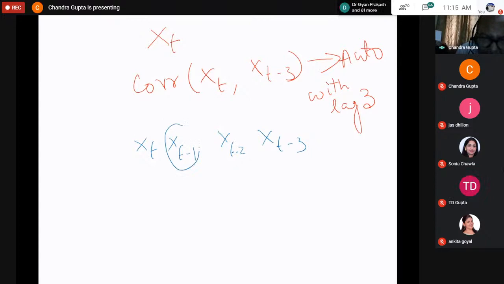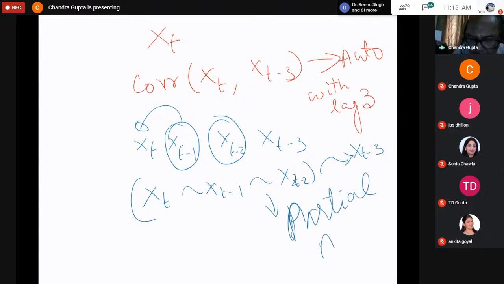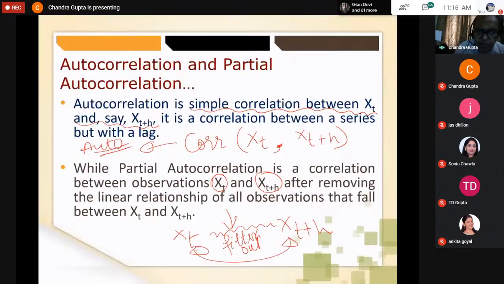That means you filter out the effect of these from xt. That means from xt, you filter out the effect of xt minus 1 and xt minus 2. And then whatever is left, you calculate correlation of it with xt minus 3, and that is what is called a partial autocorrelation. So that's how we understand partial autocorrelation.